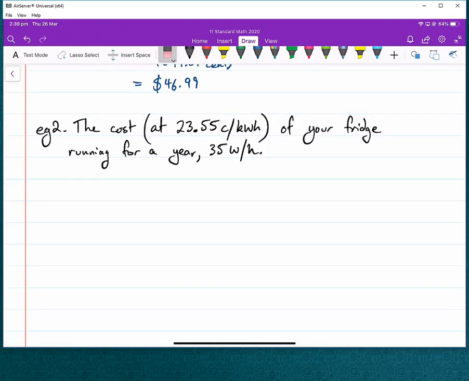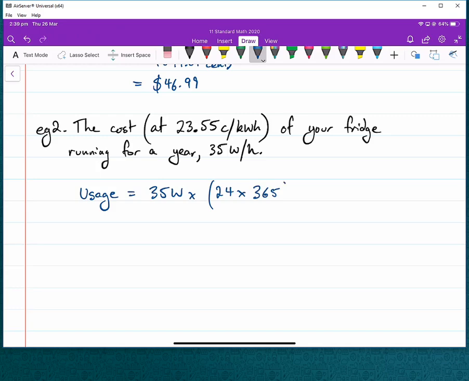So we would work out what our total usage is, which gives us 35 watts, and then we have to times that by how many hours there are in a year. There's 24 hours in the day, times 365 days in a year.